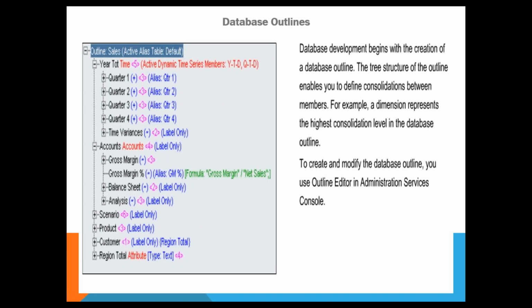So that's why you have aliases, you have labels, you also have the consolidation operators, where you get to understand what is happening, where the data is moving up to. So this is very important for you to understand how an application is built and what is achieved when you go up the ladder or up the tree.